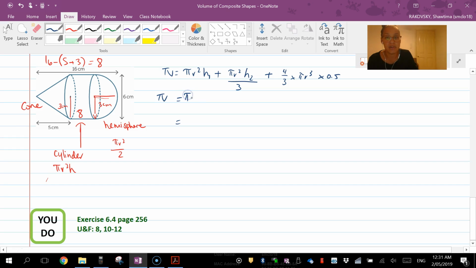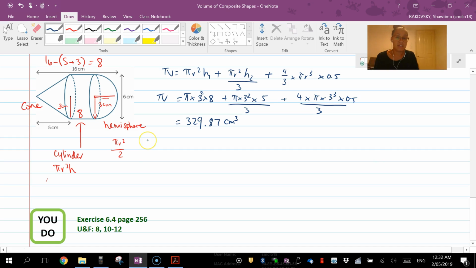So for the cylinder, we've got pi times 3 squared times 8, our height of our cylinder, plus pi times 3 squared times 5, because that's the height of our cone, divided by 3, plus 4 times pi times 3 cubed, times 0.5, divided by 3, and the answer is going to be 329.87 centimeters cubed.